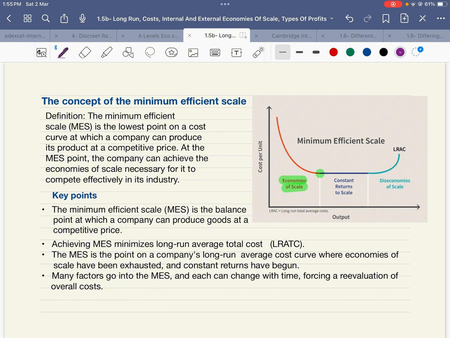For example, if factors of production have been doubled, the output also doubles. So the ratio of factors of production to output is 1, or it stays constant.